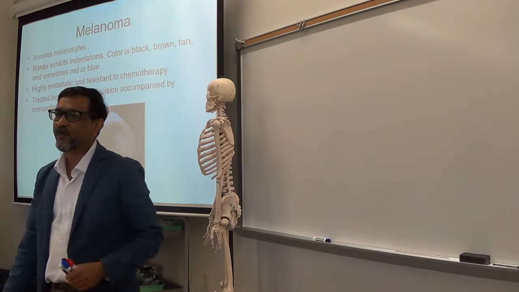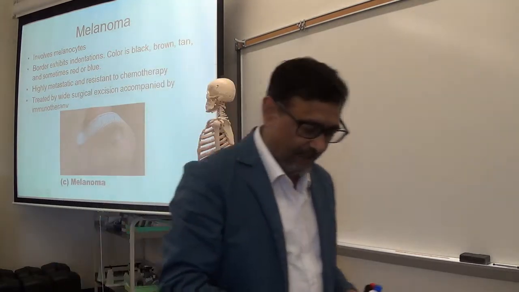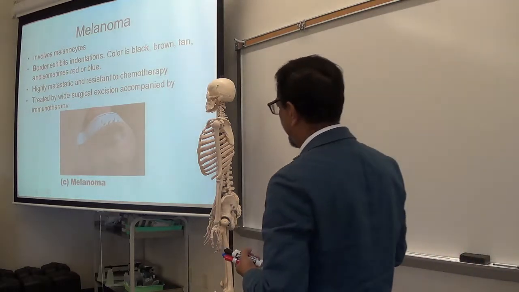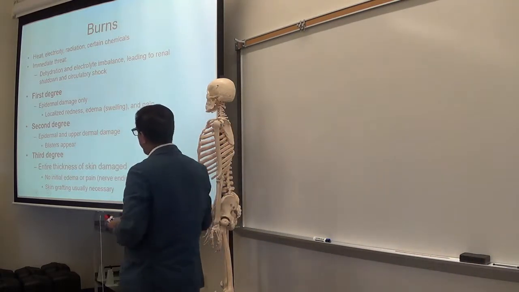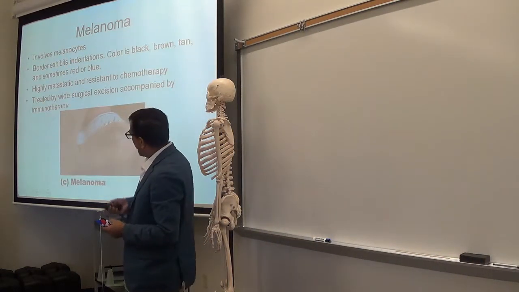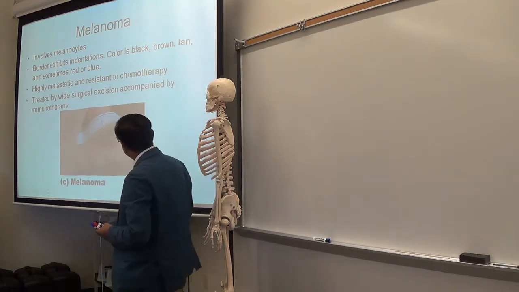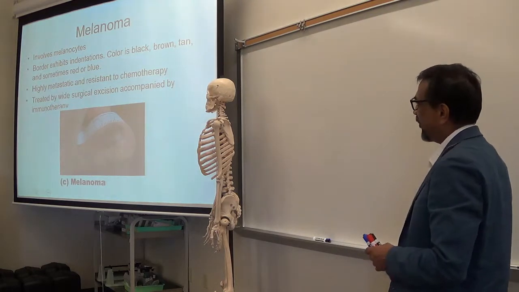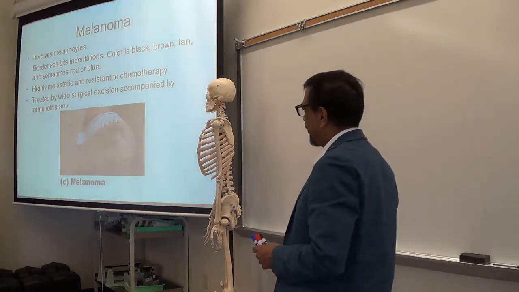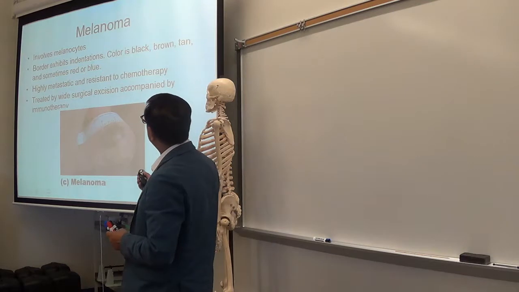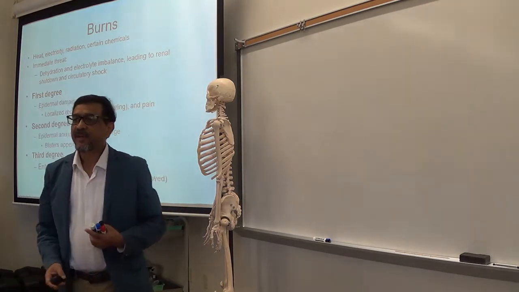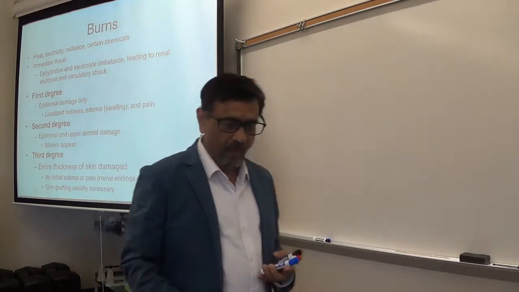Okay, so that is another way to destroy those abnormal or cancerous cells. That is called immunotherapy. You inject antibodies, and they will find the abnormal cells and destroy them.